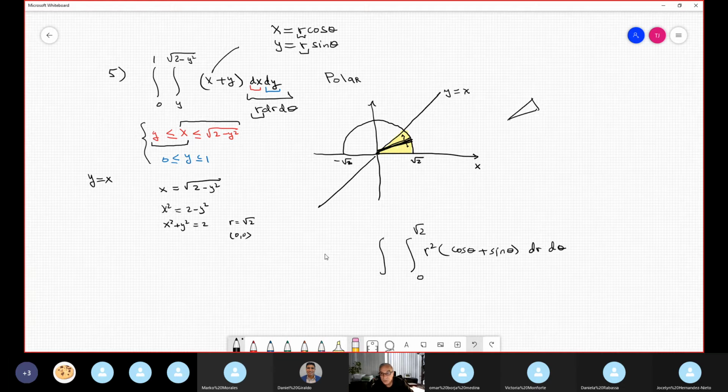The action for the integration is extending this piece of pie from 0 degrees or radians, sorry, whatever, to this angle, which I suppose is pi over 4. It's obvious that it's pi over 4, right? Because the slope is 1, and tangent of pi over 4 is 1.